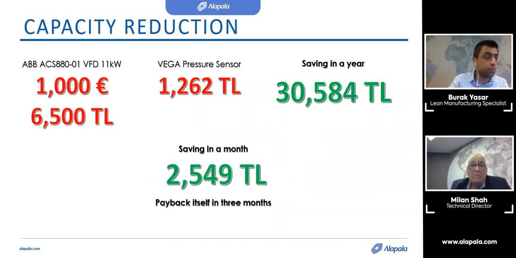Okay, so right here we calculate the saving of the VFD device with the pressure sensor. Now the pressure sensor just measures and gets the real-time measurement.